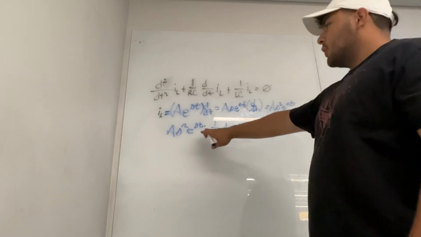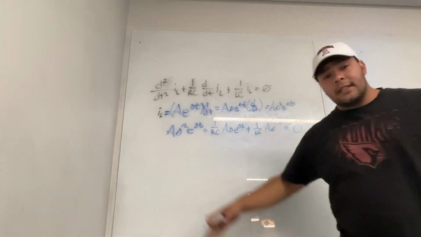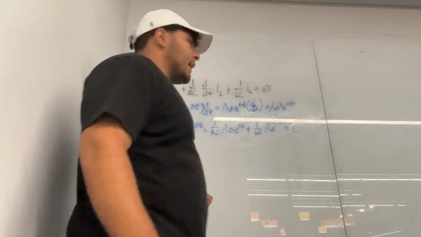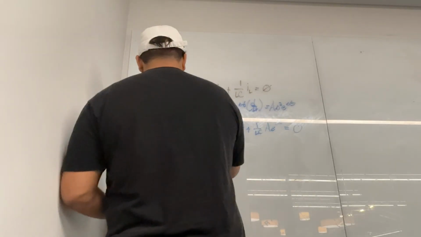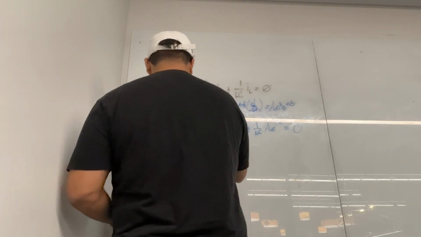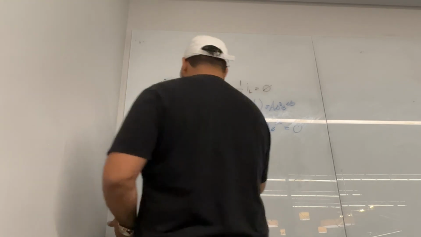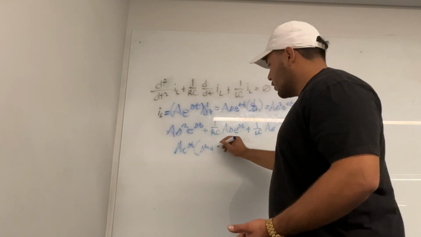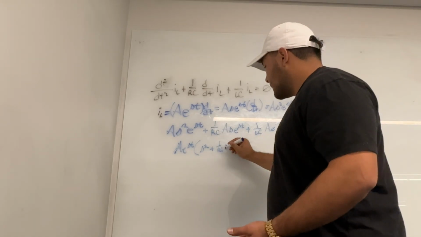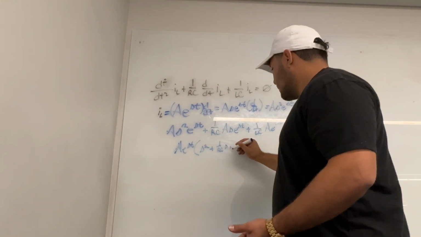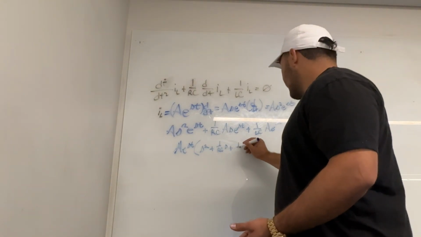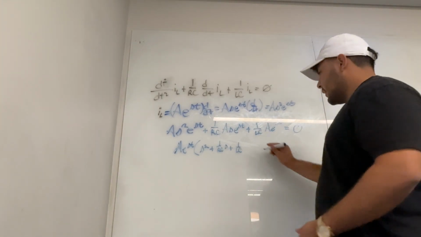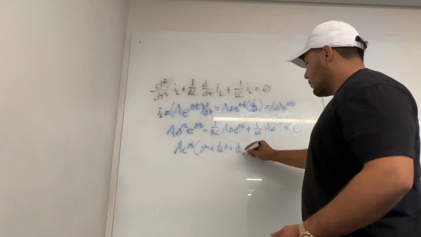Then we're going to look and see if there are any common terms. There is a common term that we're going to take out: A e to the st. And that's going to leave us with s squared plus 1 over RC times s plus 1 over LC, times 1, equals 0.